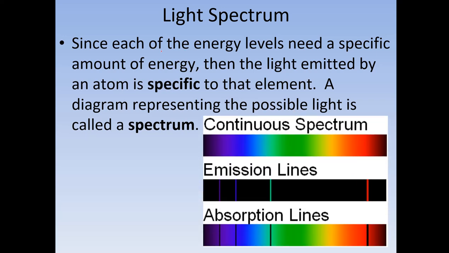So, if we have a hot object like the sun, we get a continuous spectrum of all the different colors. If we send light through a gas of some element, some of those atoms will absorb certain frequencies of light.